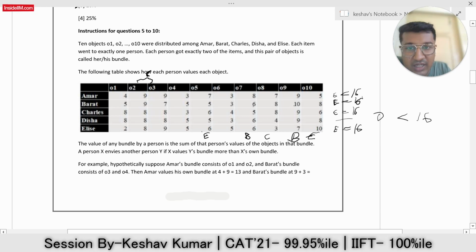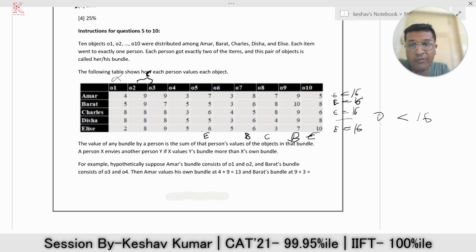And now coming on to Amar, can you see the only way he can make his sum even is by avoiding O1? Because if he gets O1, there's no other item which will give him an even value of experience. For him to make it even, 4 plus something even will give him even. So 4 can't be his bundle. A can't get 4.